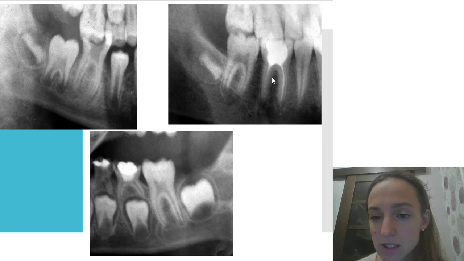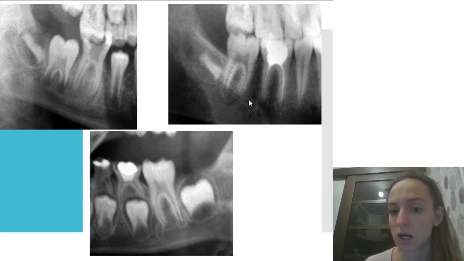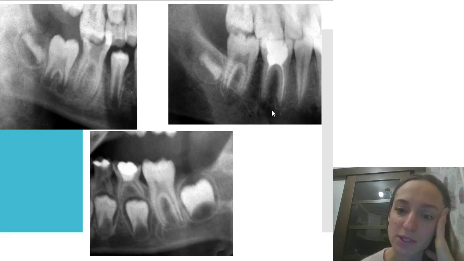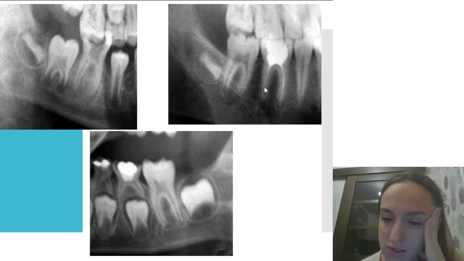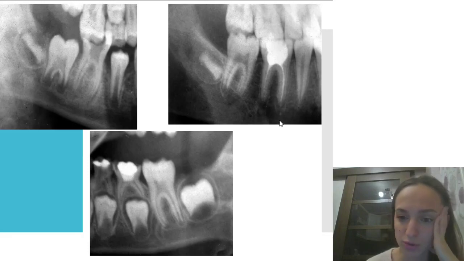And you can see endodontic treatment in the first molar on the lower jaw. And here the patient needs retreatment. Okay, and you can see here an instrument, part of an instrument, and inflammation under the root.